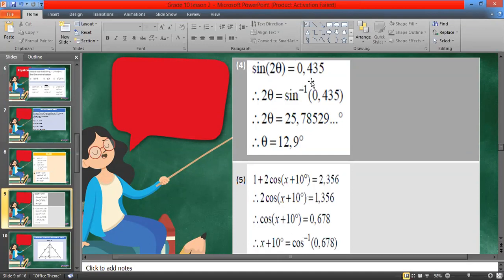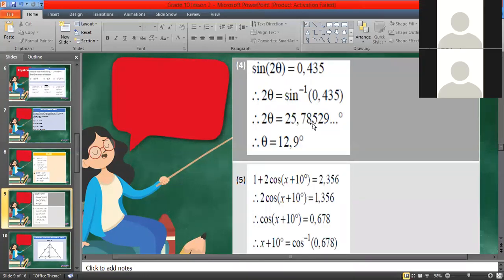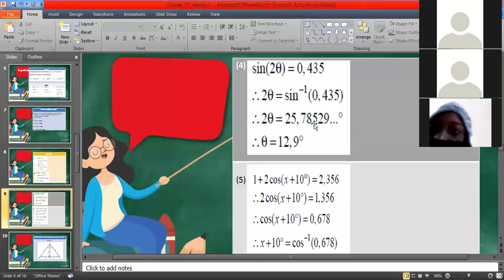You first have to move this sine away, because you want the theta, so the sine has to go first. That means your 2 theta equals the sine inverse of 0,435. So you press shift sine 0,435, and that will give you an angle in degrees.